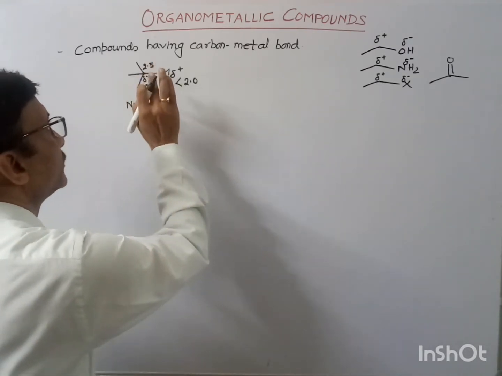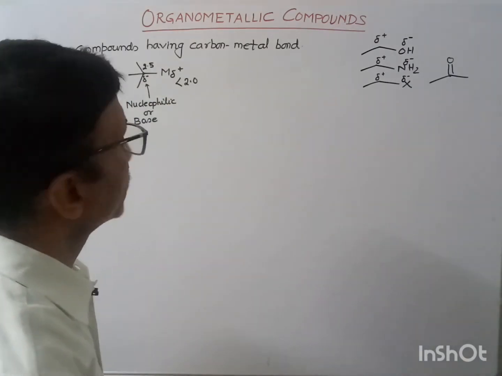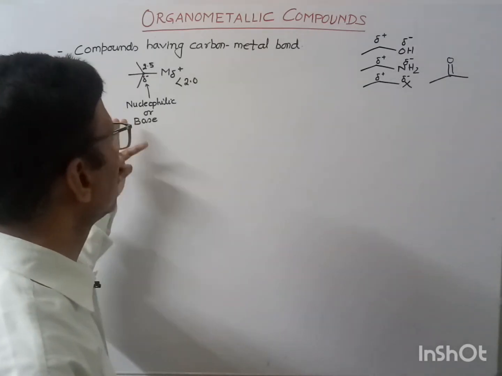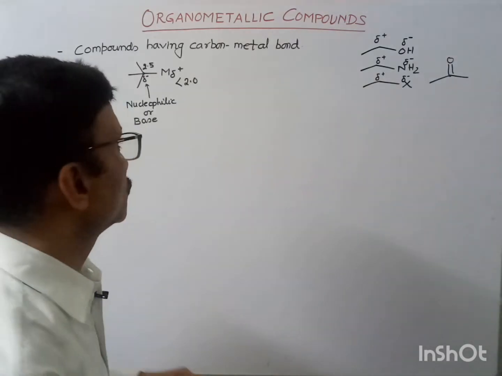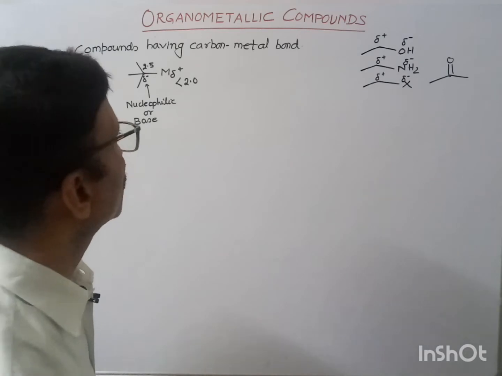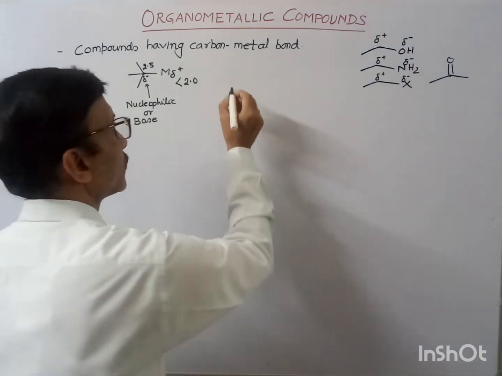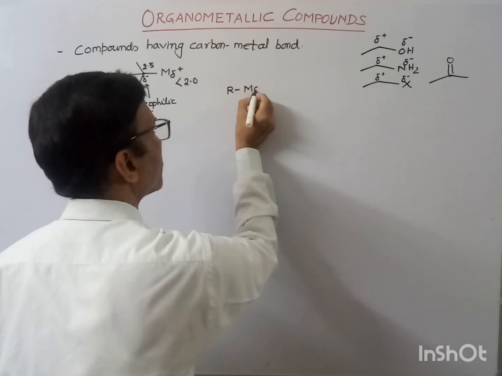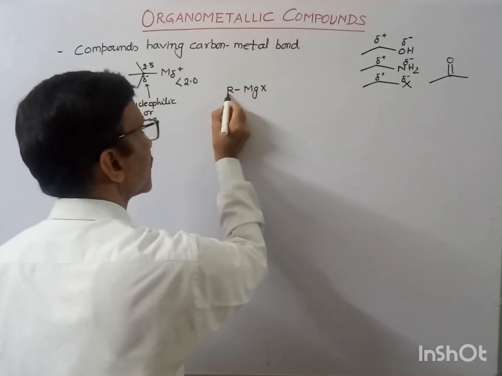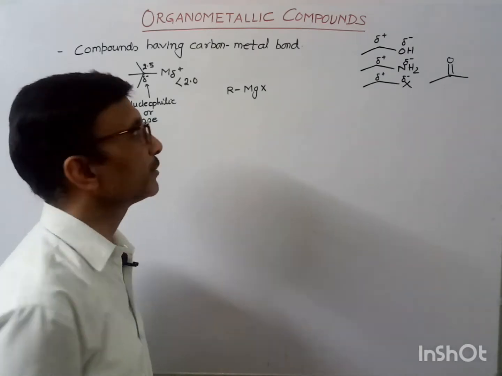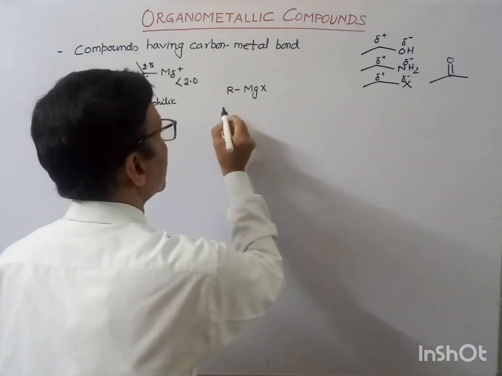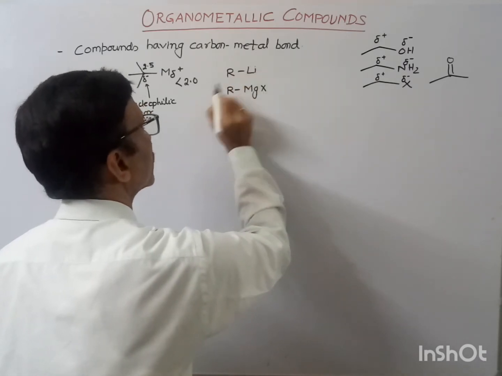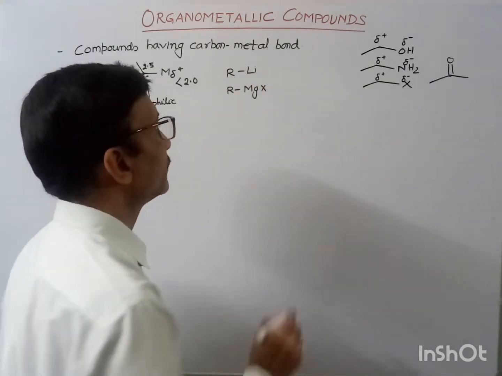So in an organometallic compound, the compound may act as a nucleophile or as a base. Some well-known examples of organometallic compounds are RMgX, where carbon is bonded to the magnesium atom, and similarly RLi, where carbon is bonded to the lithium atom.